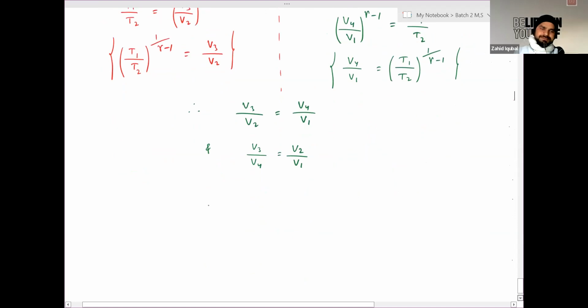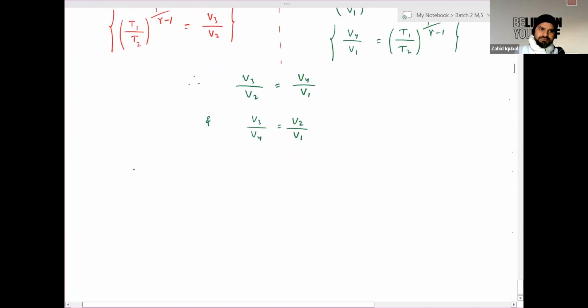Now we can say, according to the above result, minus of Q2 divided by Q1 equals T2 divided by T1 multiplied by ln V4 divided by V3, whole divided by ln V2 divided by V1. There is a property of log.